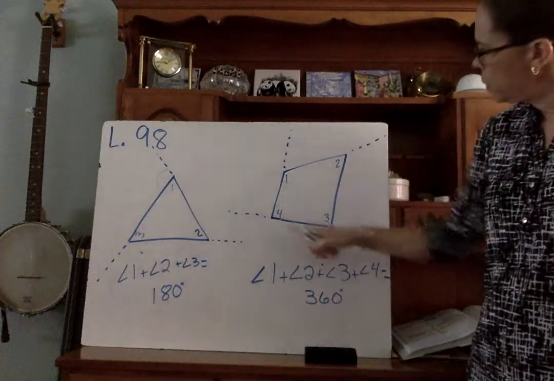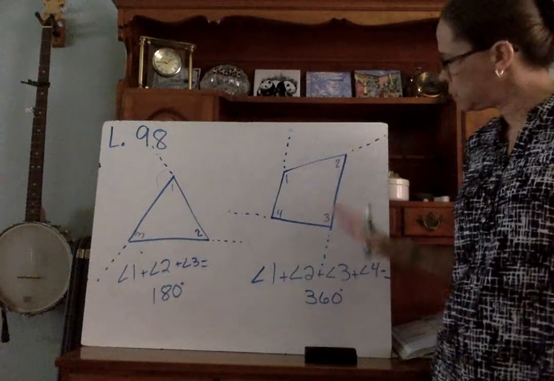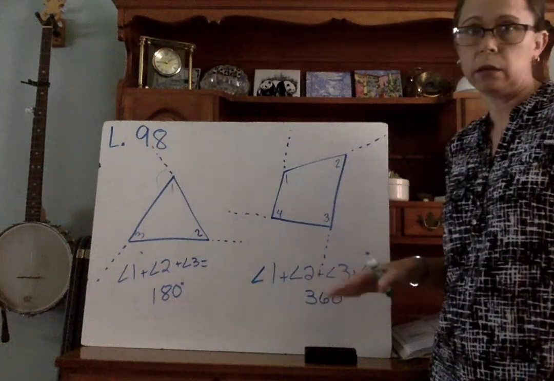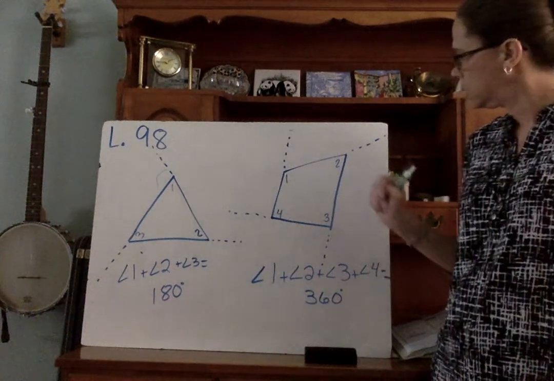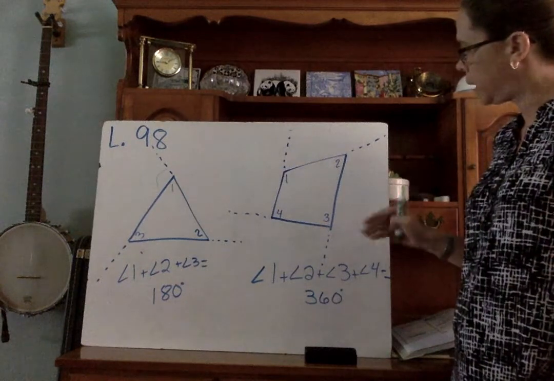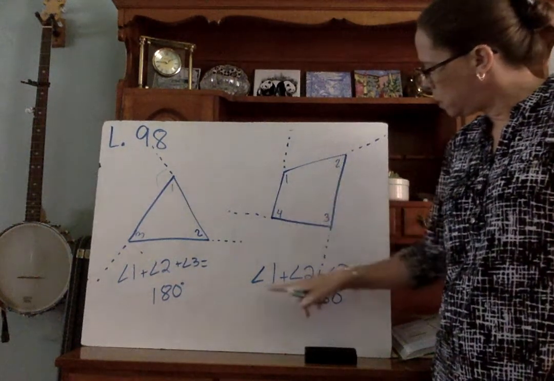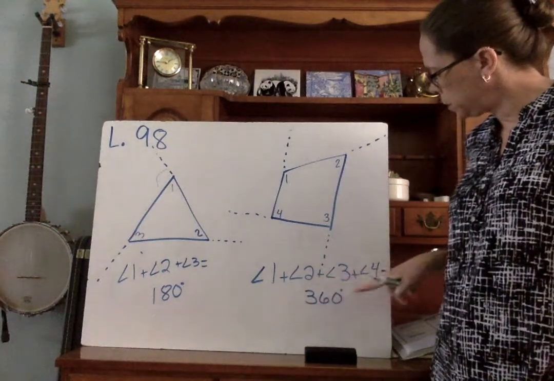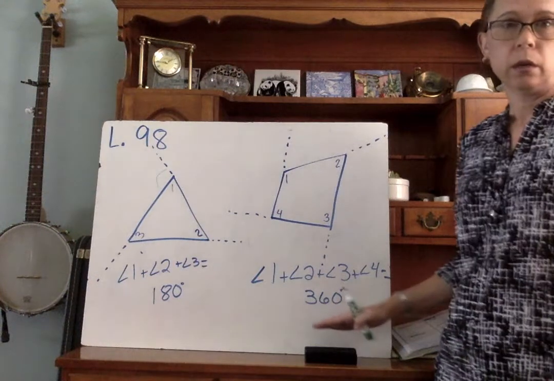If I walked all the way around this quadrilateral, I would make 4 turns. Now this one is not a regular quadrilateral, is it? It's not a square, it's not a rectangle, this is just a quadrilateral, okay? My angles on the inside, 1, 2, 3, and 4. Angle 1 plus angle 2 plus angle 3 plus angle 4 must add up to 360 degrees, okay?